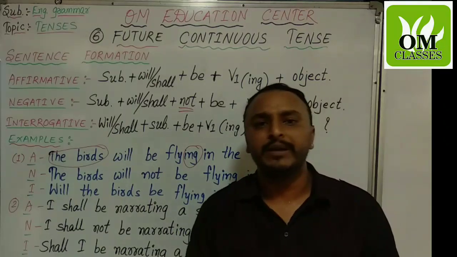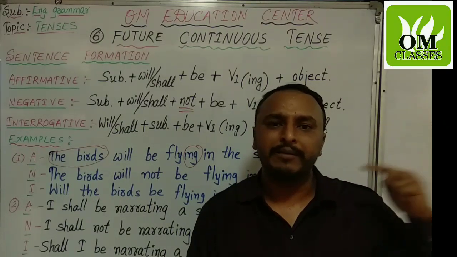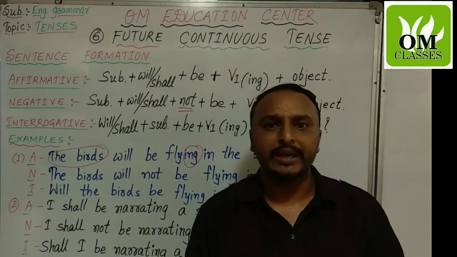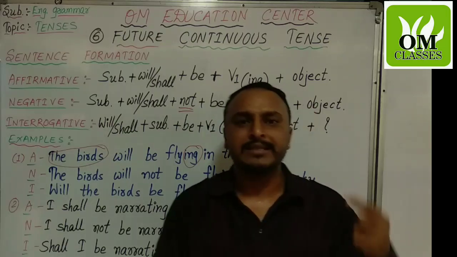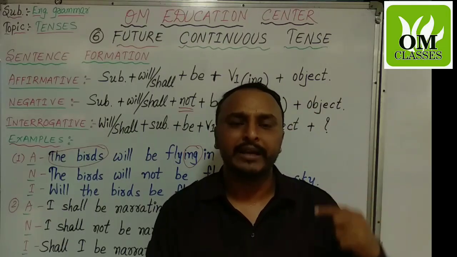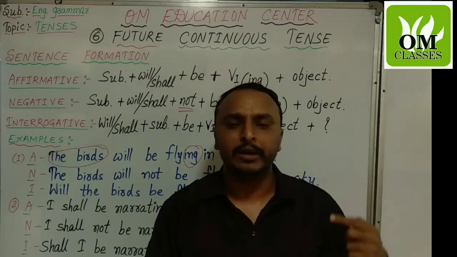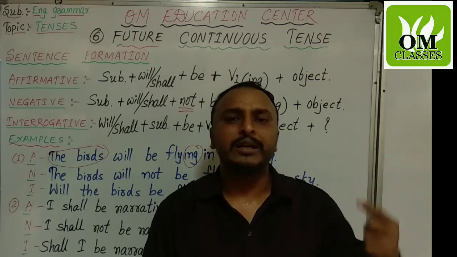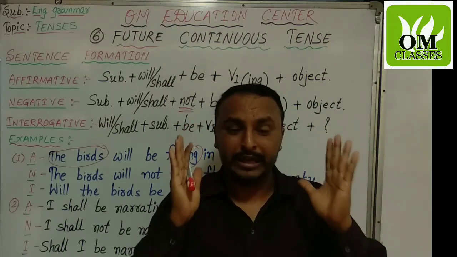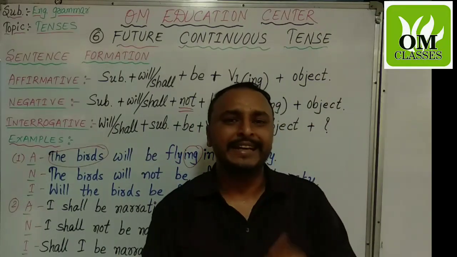For example, if we take I teach, I start with simple present tense, affirmative, negative, interrogative, then simple past tense, affirmative, negative, interrogative, then simple future tense, affirmative, negative, interrogative, then present continuous tense, affirmative, negative, interrogative, then past continuous tense, affirmative, negative, interrogative, and then future continuous tense, affirmative, negative, interrogative. Please pay attention and be alert. Keep on thinking about this sentence formation.